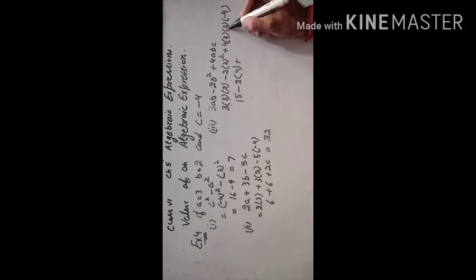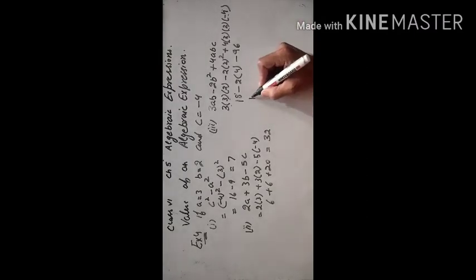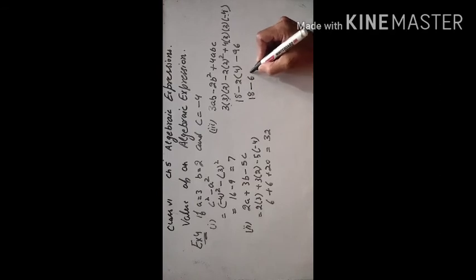4 into 3 into 2 into minus 4, that is 4 3s are 12, 12 8s are 96, minus sign is minus 96. That means 18 minus 8 minus 96.